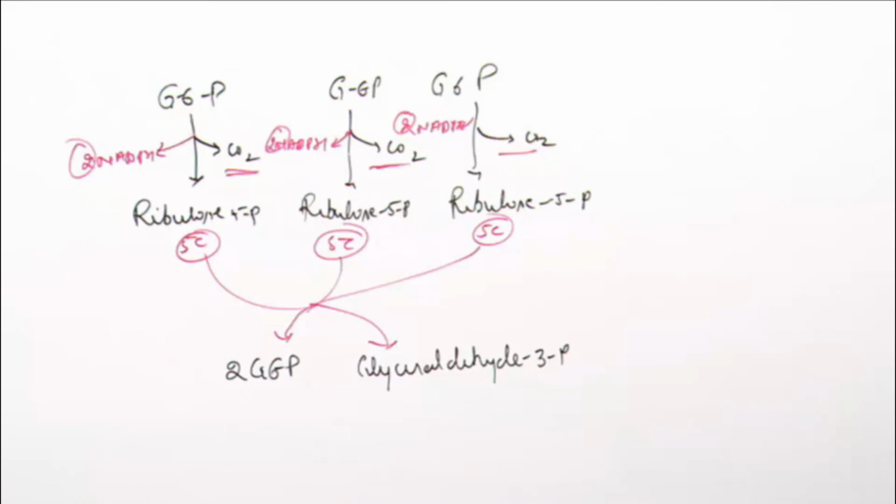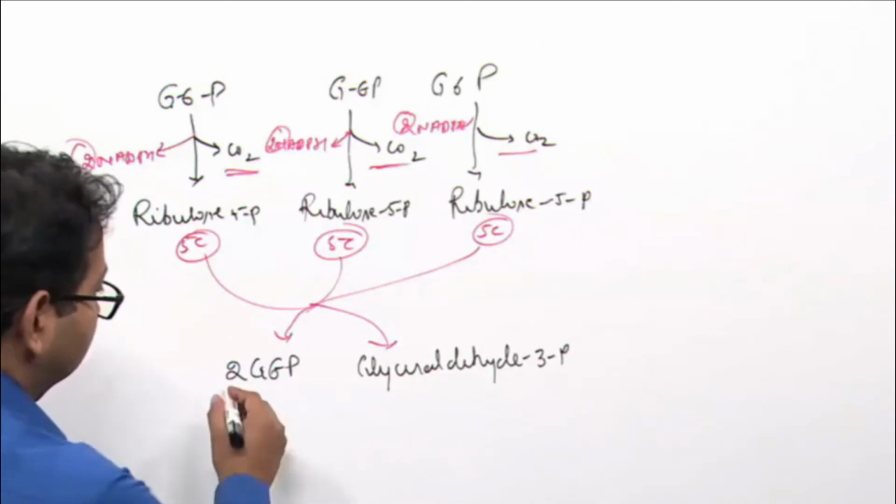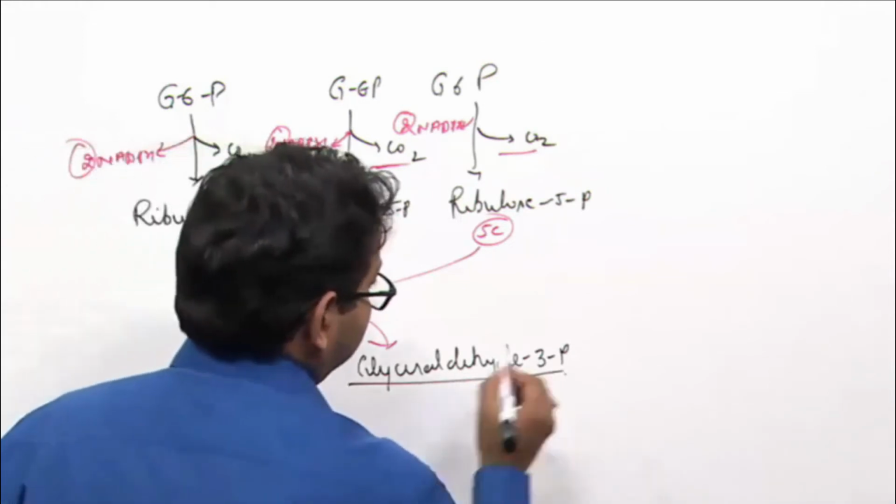Clear? So 2 molecules of glucose 6-phosphate and 1 molecule of glyceraldehyde 3-phosphate. Clear?